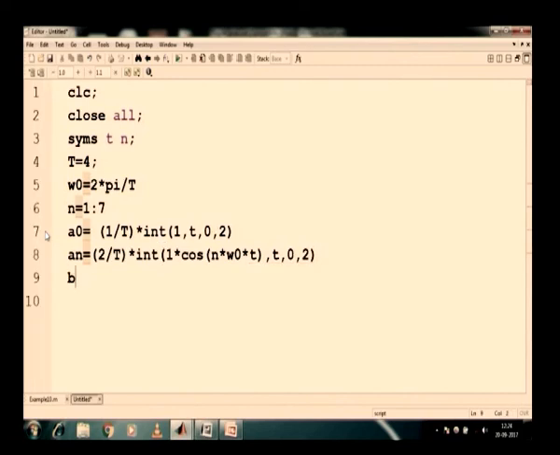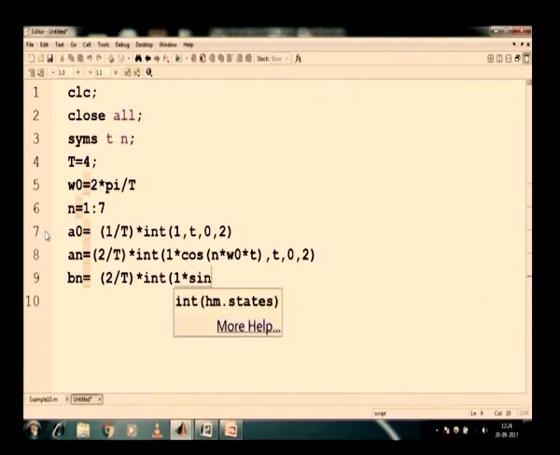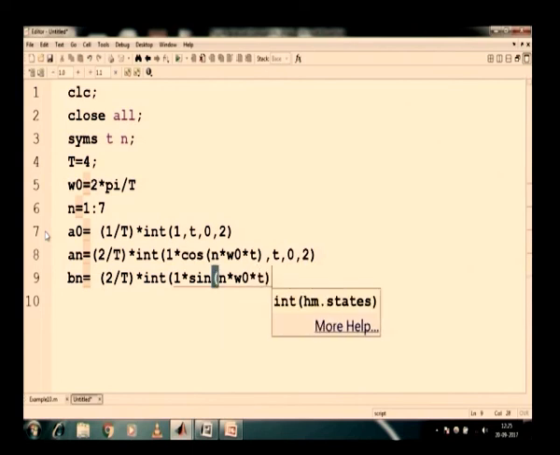Then b n equal to 2 by t integral of 1, f of t value is 1, into sine of n star omega naught star t, integral over t comma 0 comma 2.